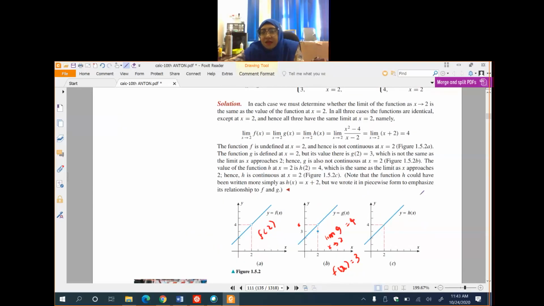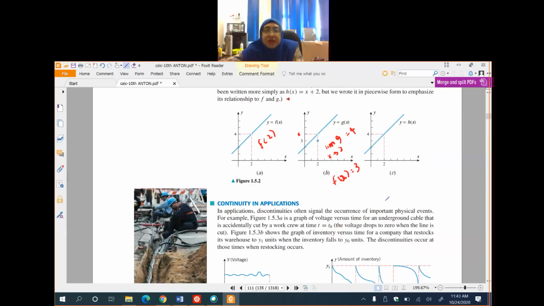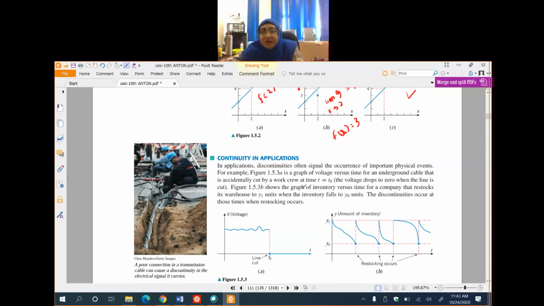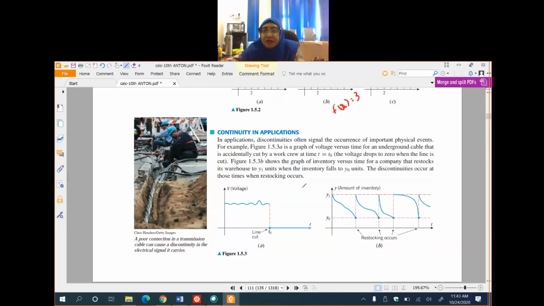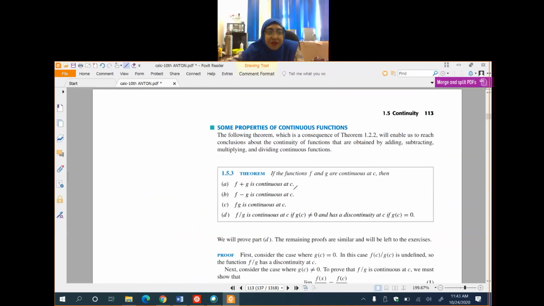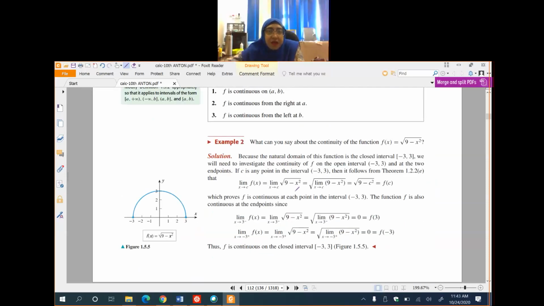But this one passed all three conditions. The limit from both sides, left and right, as x tends to 2, is equal to f of 2, which is equal to 4. So this is the only continuous function that we have here. Any questions? Is it clear? Okay, good.